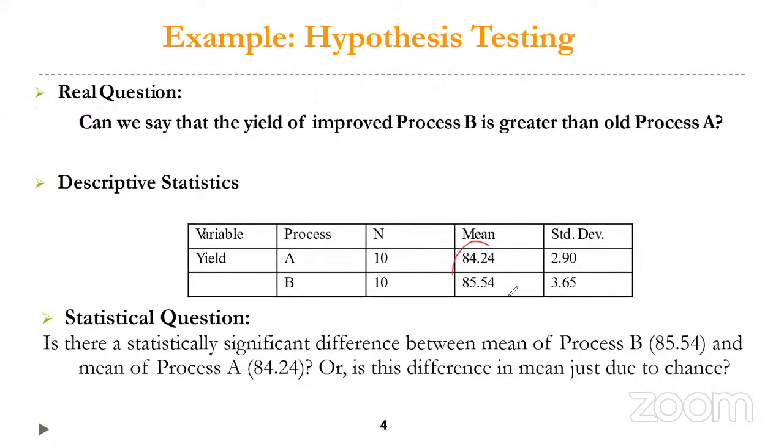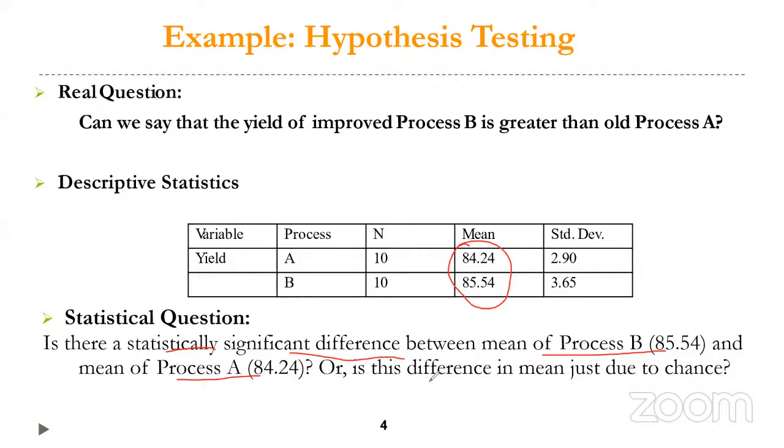Now, from this mean nothing can be concluded. From this standard deviation also we cannot conclude. Why? Because we don't have any statistically significant difference between the mean of process B and process A. Like whether they are actually different or they are just fortunately different over here, we don't know, right?